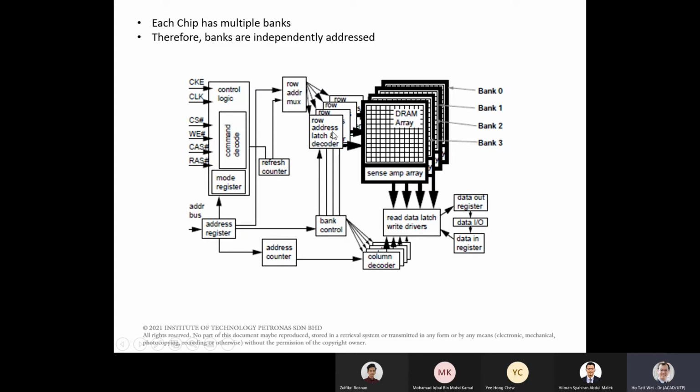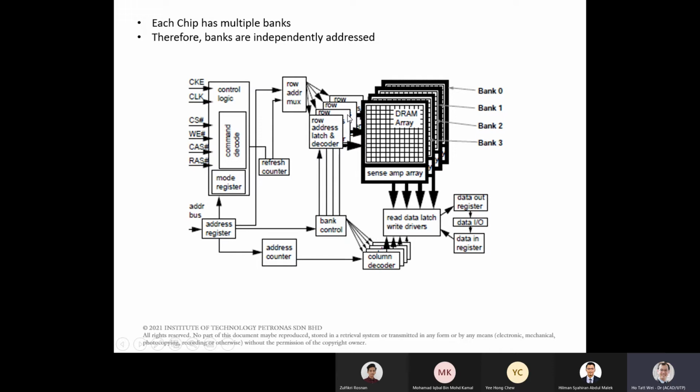They all share the same row and column decoder. I have 4 banks within the chip. Each of these banks will have a different row and column decoder. I repeat that. I have 4 banks in a DRAM chip, SDRAM chip.